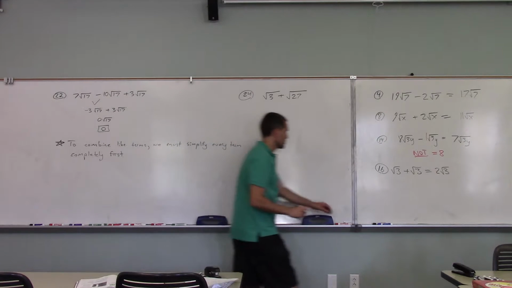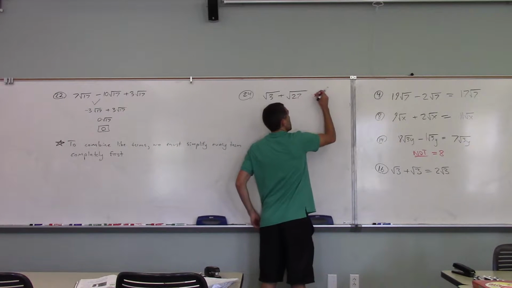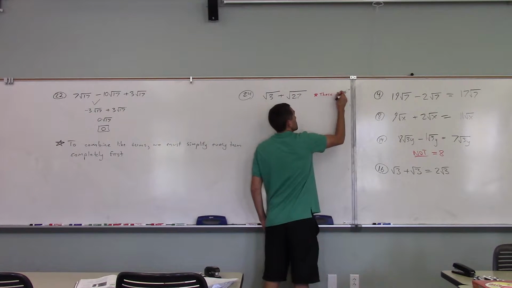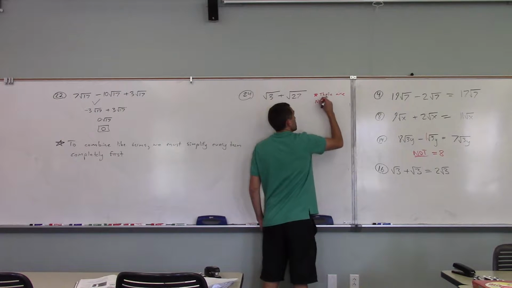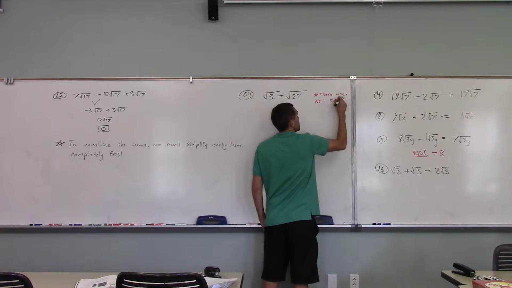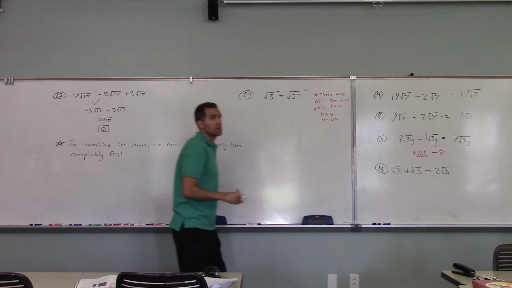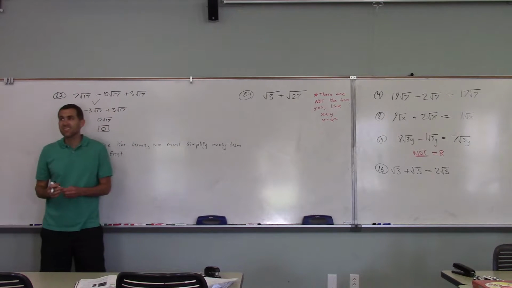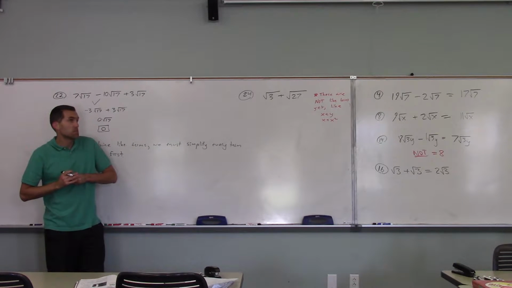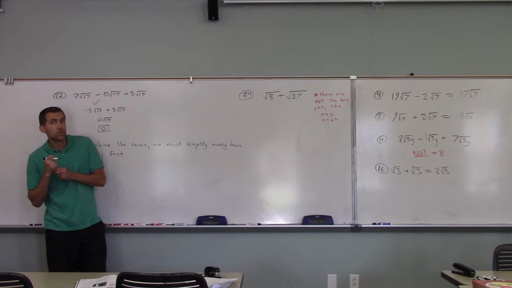Okay, right now, just to be clear, these are not like terms. Like x plus y or x plus x squared. We can't combine these yet. They have to have exactly the same square root if we want to combine them. So, what do we do first?